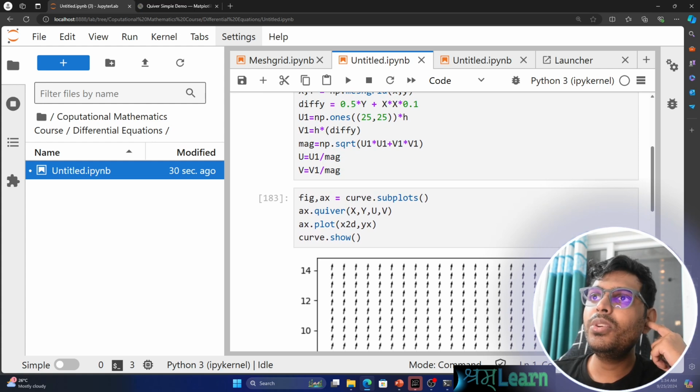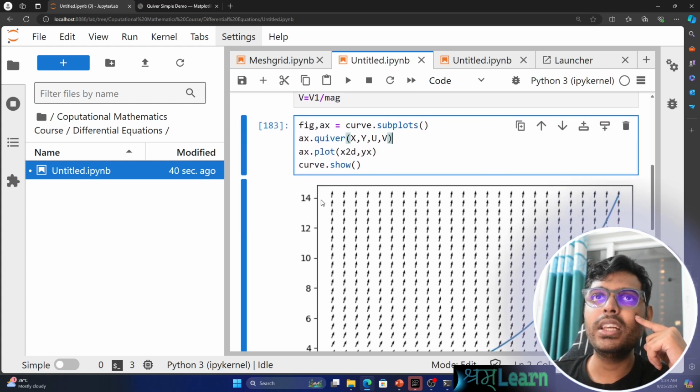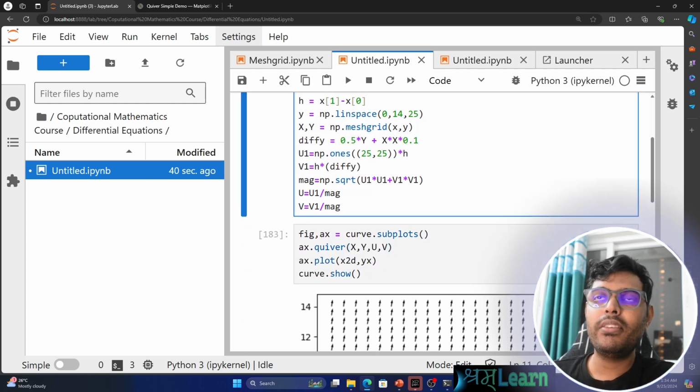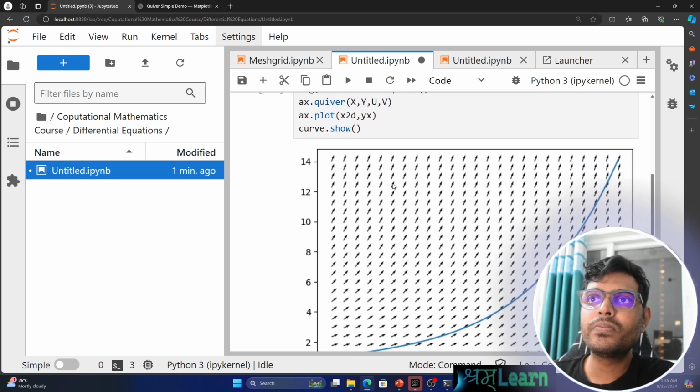So I have to multiply the x component, okay, x component I have to multiply 14 by 5. So I have to do that, u1 into 14 by 5, and if I do that, magically the arrows will be tangential to the curve, right?